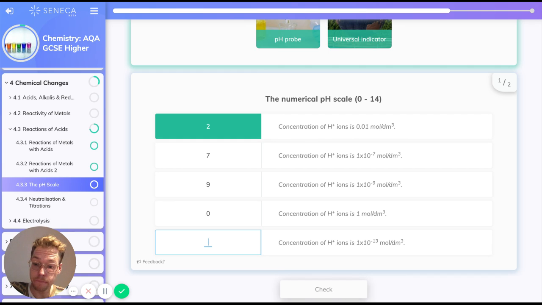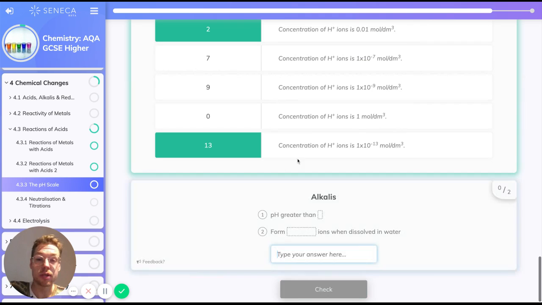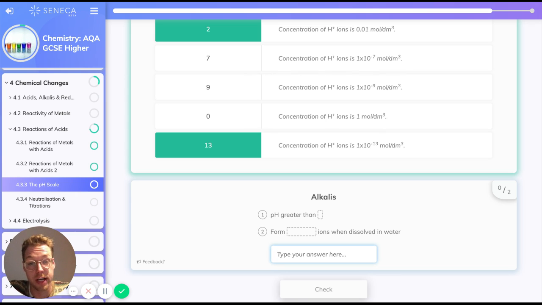It's going to be 13. What's quite nice is that with the minus 13, we can just use the power to tell us the pH. So 1 times 10 to the minus 9 is a concentration of H plus that gives us a pH of 9.